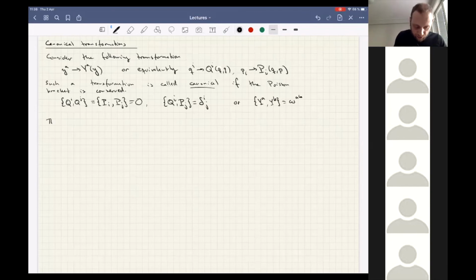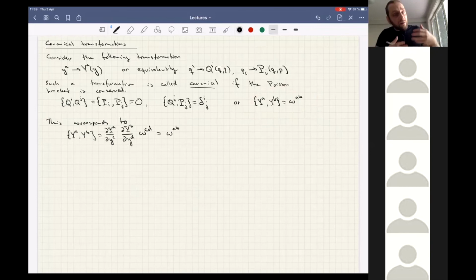Now, this corresponds, if we write it out, to writing that the commutator between YA and YB, if we just take the definition, is going to be the derivative of YA with respect to YC, the derivative of YB with respect to YD, times omega CD, and from this relation this is equal to omega AB.